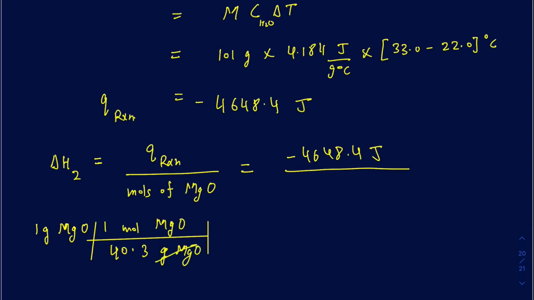That way grams goes away, and that leaves you with 1 over 40.3. That's going to be 0.0248 moles. Okay, so let's go ahead and go back and plug that in there, 0.0248 moles in the previous equation.